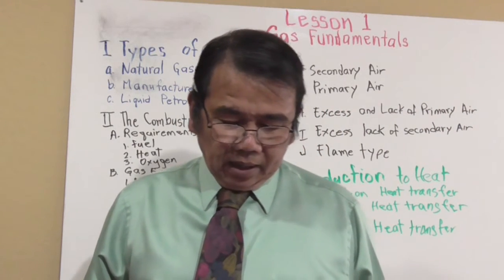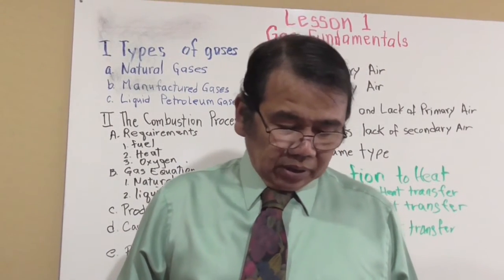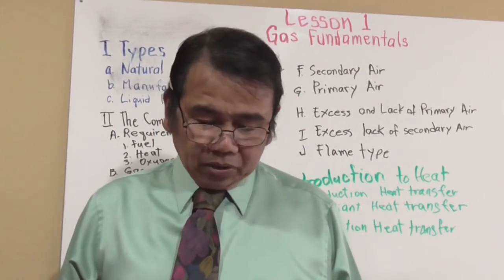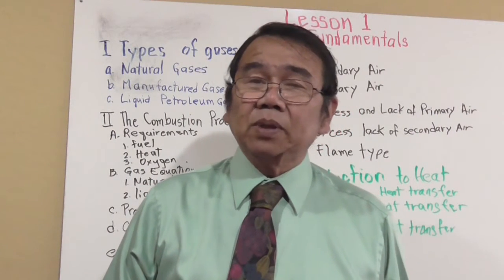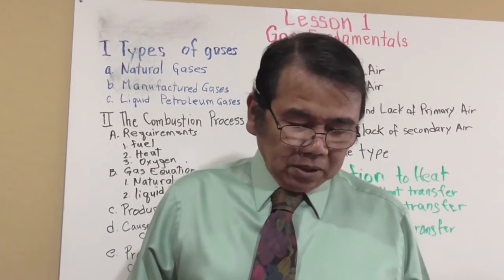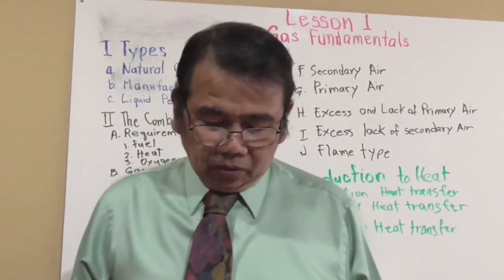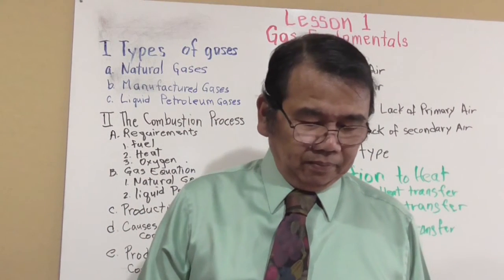Fuel, heat, and oxygen are the three elements known as the combustion triangle. You remove one of these elements and the combustion will be gone. All must be present in order to have ignition and a flame.